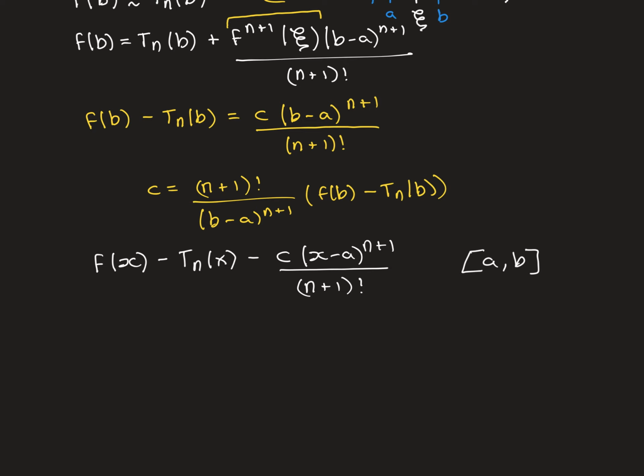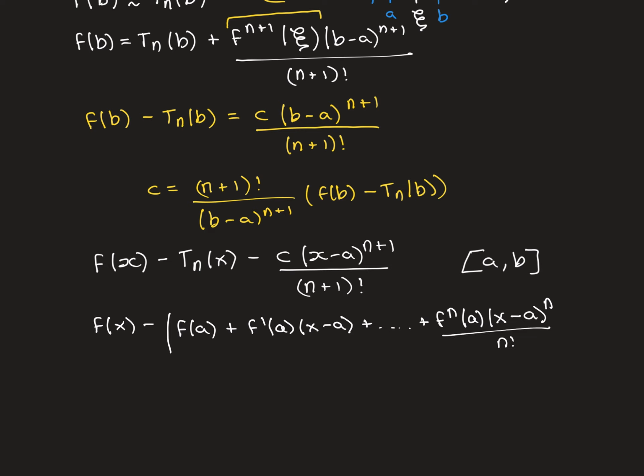So let's write out this Taylor polynomial now in full, because it's going to help us understand what happens here. So our function then is going to be f of x minus, and then we're going to have this full Taylor polynomial, which is f of a plus f prime at a times x minus a plus, and then it goes on all the way up to the nth term, f^(n) evaluated at a times x minus a to the power of n over n factorial.